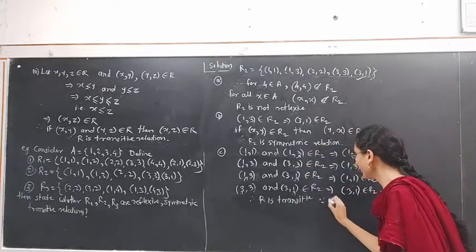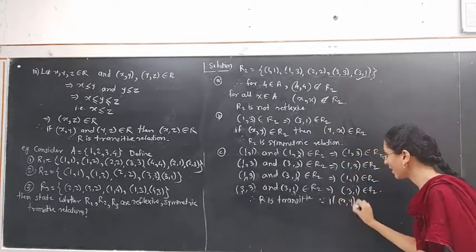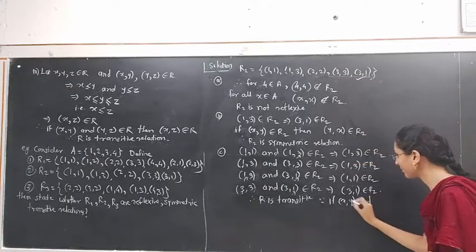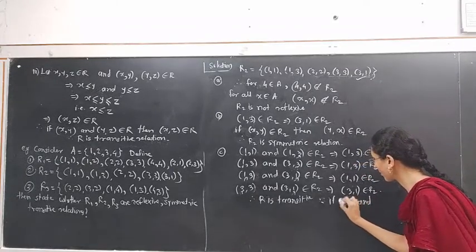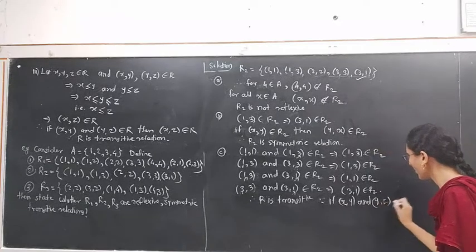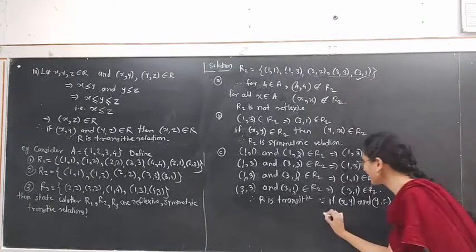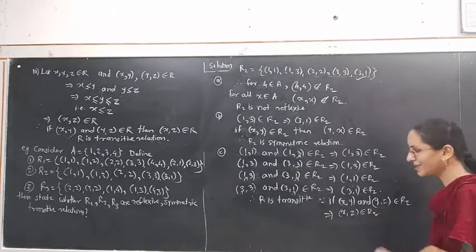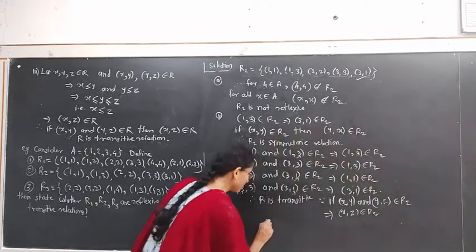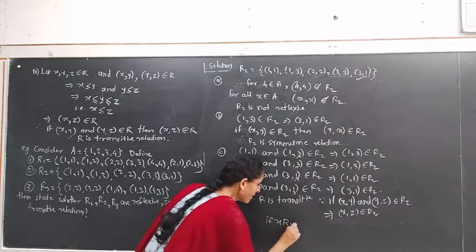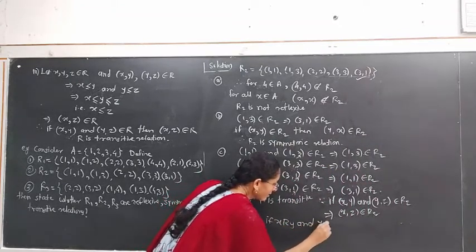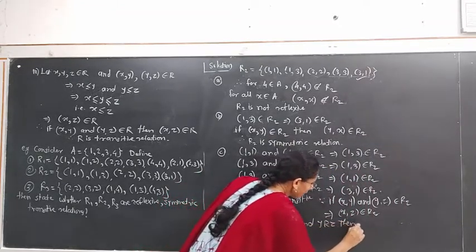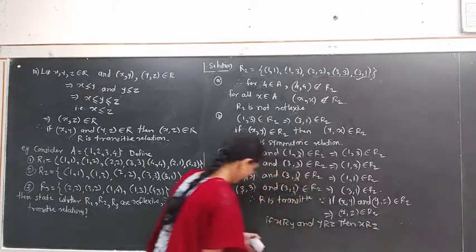Since if (x, y) and (y, z) belong to R2, this implies the ordered pair (x, z) belongs to R2. That is, we write this as if x R y and y R z, then x R z.